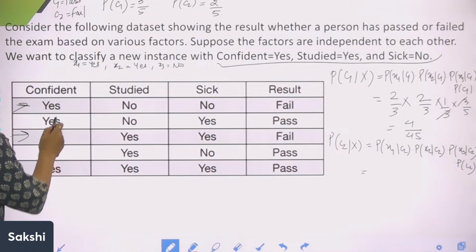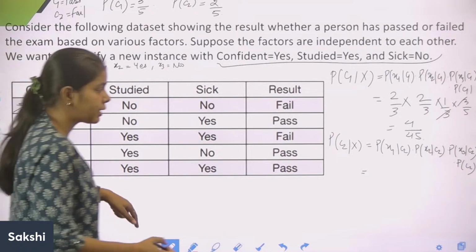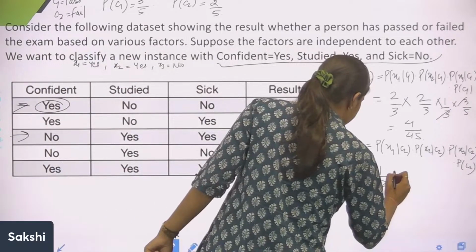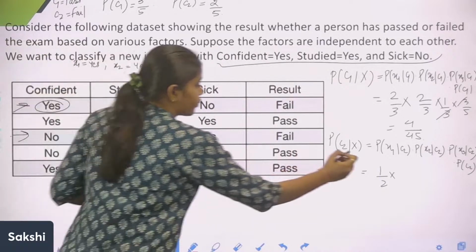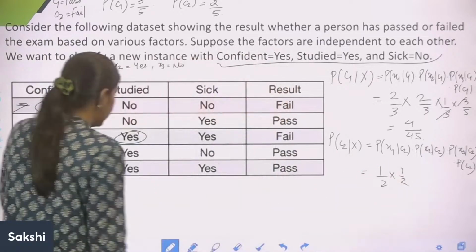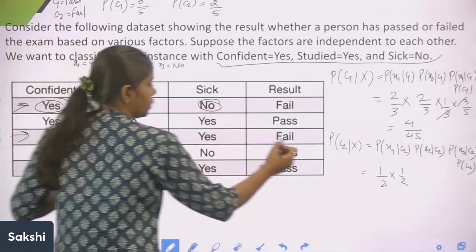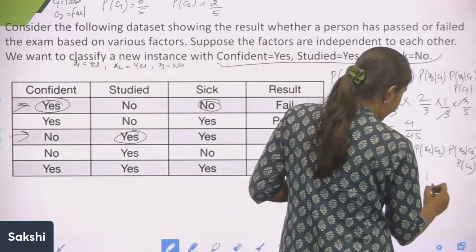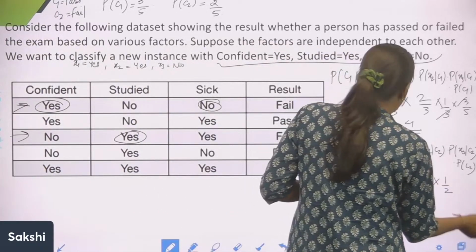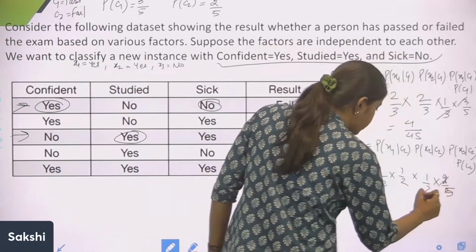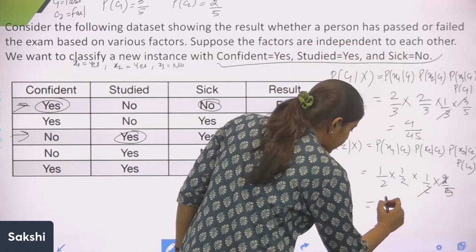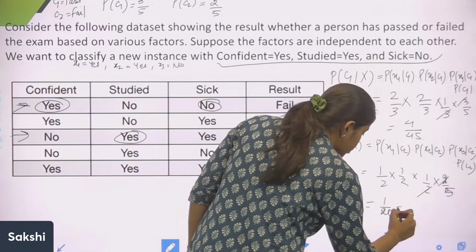First they have said yes, so out of 2 it would be 1 by 2. Then you have to take yes, so probability would be 1 by 2. Then you have to take no, so this is 1 by 2. And probability of C2 is 2 by 5. 2 and 2 get cancelled. 5 twos are 10, 10 twos are 20.